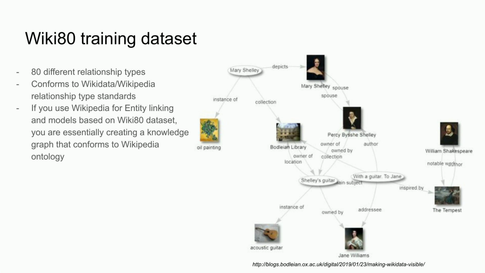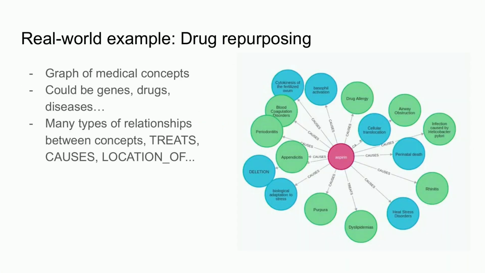What you're actually doing is constructing your own mini Wikipedia-like knowledge graph, which to me sounds quite awesome. So basically, you're inputting some text, and at the output is a Wikipedia-like knowledge graph. So I feel like that's really awesome.